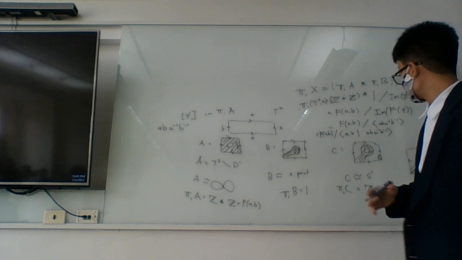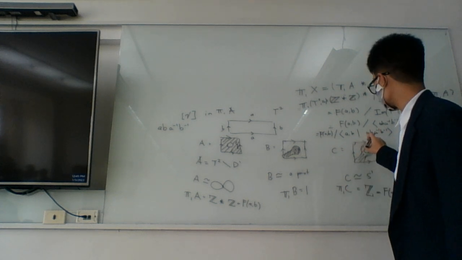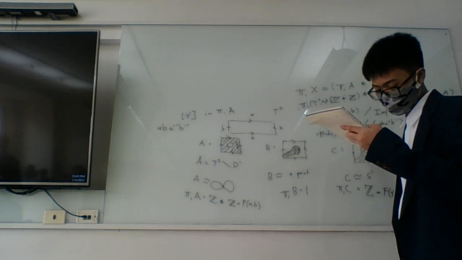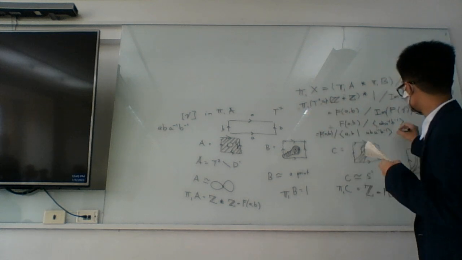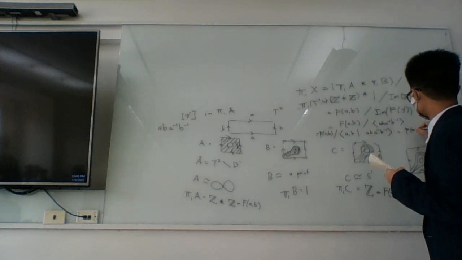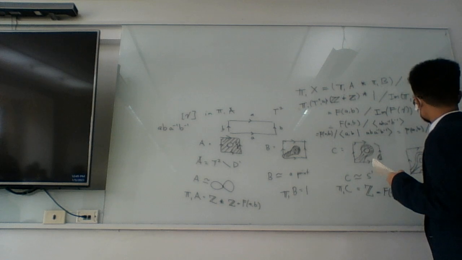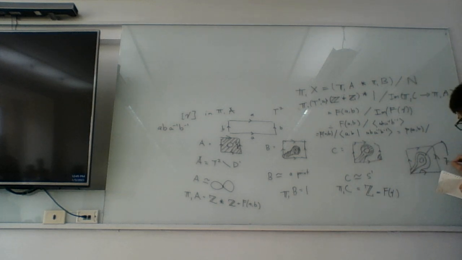And another way of presenting it is by equating this to 1. So it can also be F A B mod AB such that equals 1.